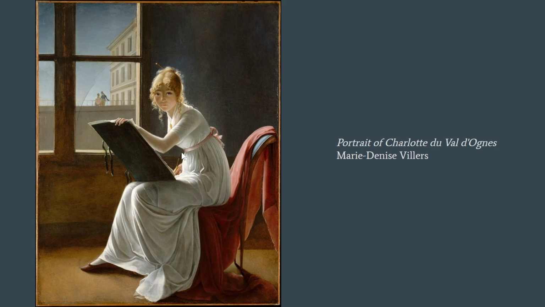And the clothes that she's wearing, there's some figures back there too, the clothes that they're wearing as well, it reflects the fashion of that time. So, along with Jacques-Louis David, Marie-Denise Villers was French.